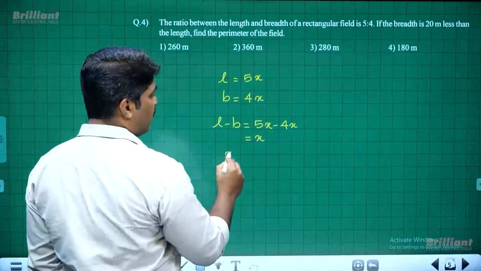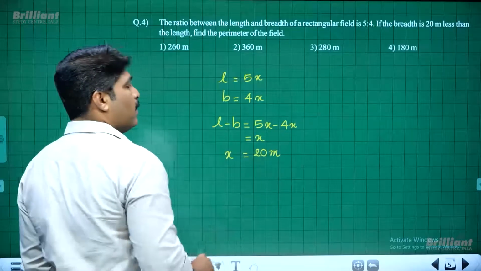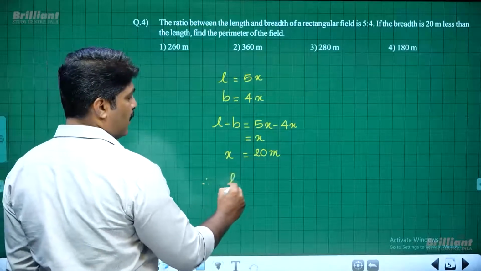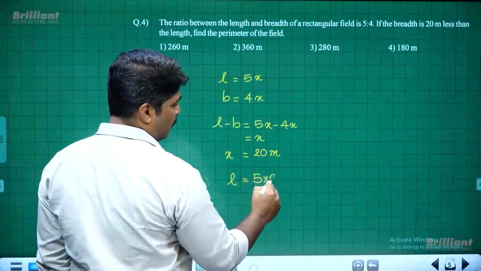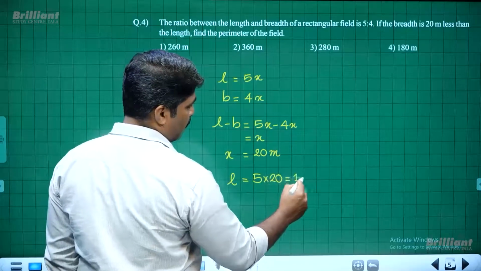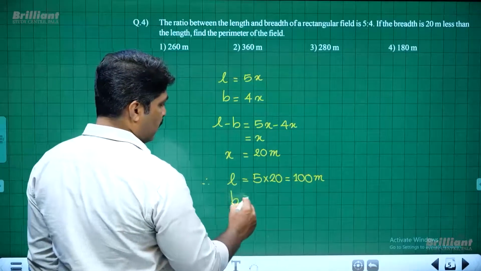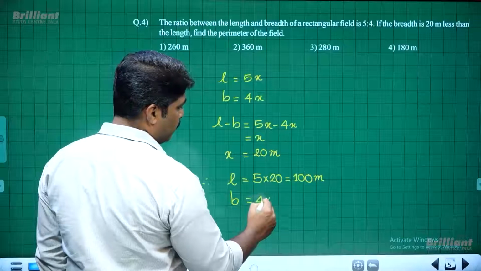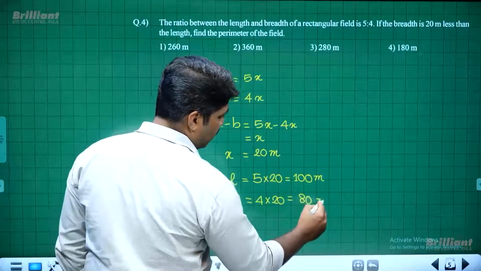And it is given that x equals 20 meter. So length equals 5 into 20, that is 100 meter, and breadth equals 4 into 20, which is equal to 80 meter.